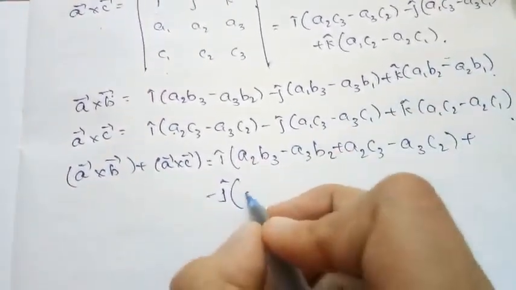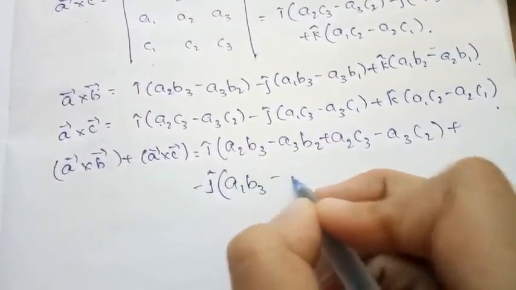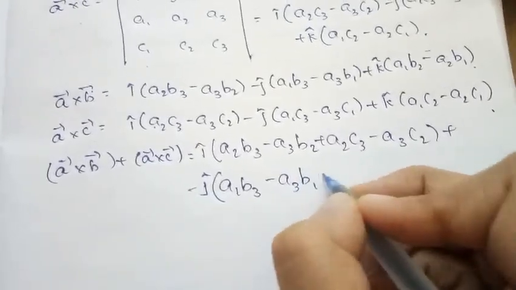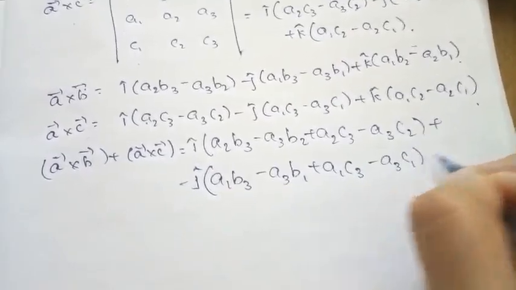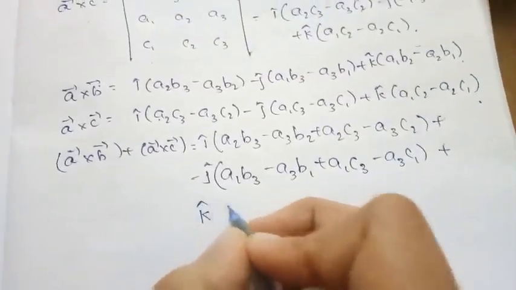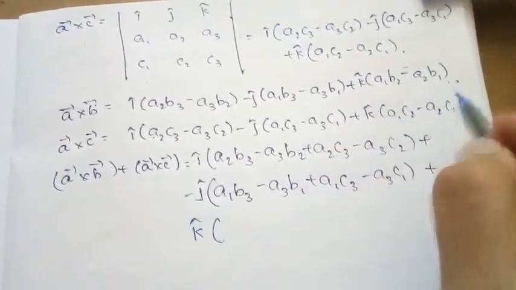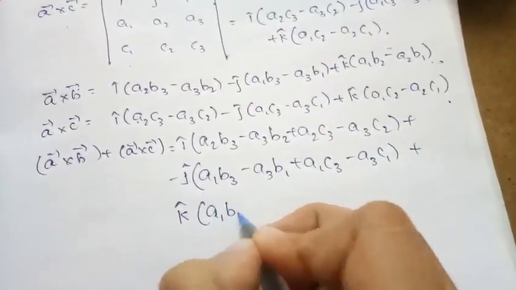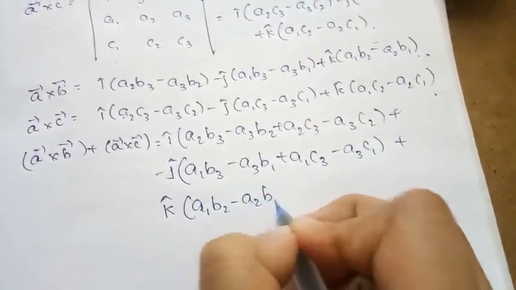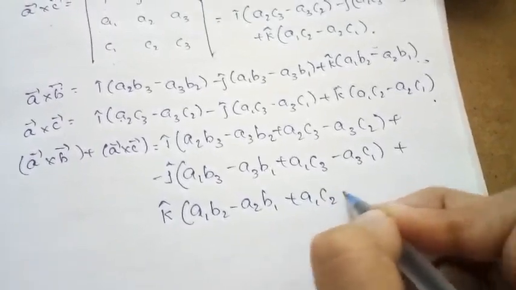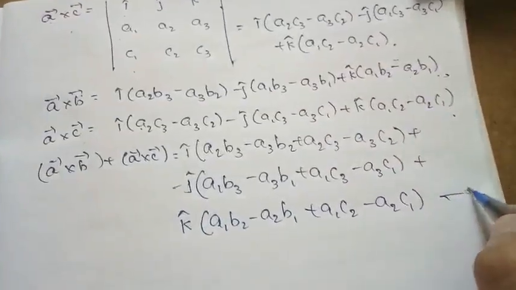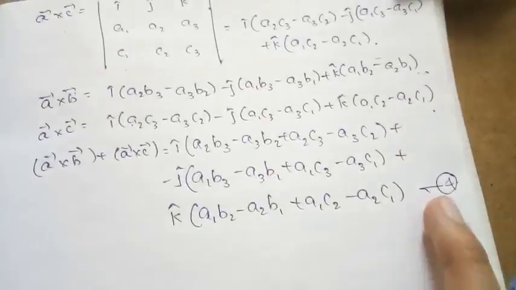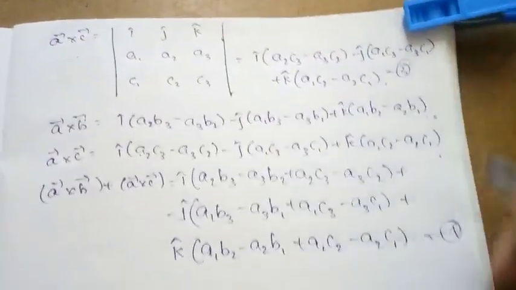So the sum of these two vectors gives a1 b3 minus a3 b1 plus a1 c3 minus a3 c1, plus k cap, which is nothing but the sum of these two, a1 b2 minus a2 b1 plus a1 c2 minus a2 c1. Suppose I call this equation 4, and this one equation 3.